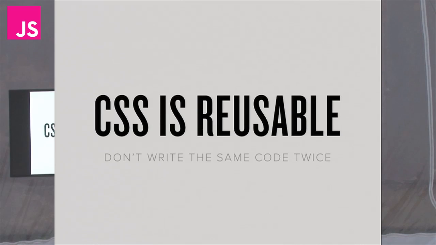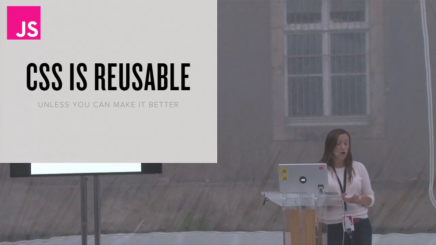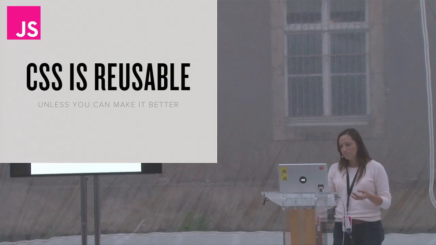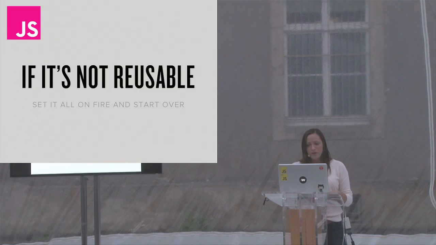So CSS is reusable. We try to stay away from the whole DRY concept, don't repeat yourself, but don't write the same code twice unless you can make it better, or unless you can improve it, or someone else can. So if it's not reusable, set it all on fire and start over. Just burn it to the ground.